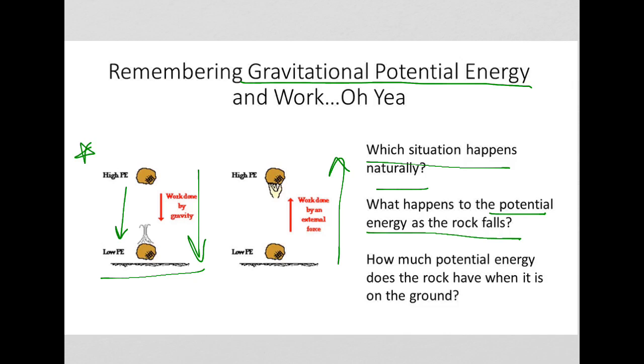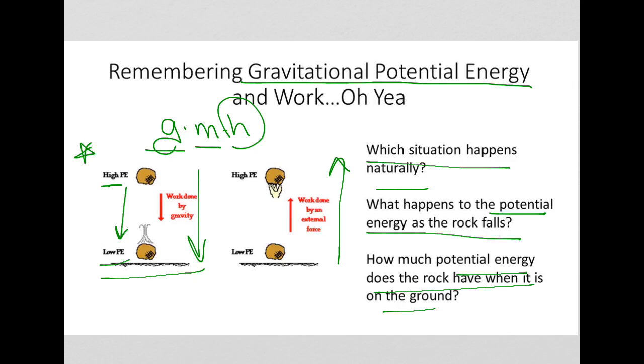And if you remember the equation for gravitational potential energy, it is gravity times mass times height. Here gravity will affect it the same, mass will be the same, but the height will have changed in these two situations. And that is why it has high potential energy at the beginning and low at the bottom. When it is on the ground, it has very little potential energy.